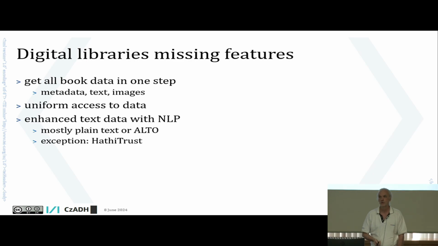So what is missing in digital libraries? Not in all, but in some of them. It's not easy to get all data and metadata for one book. Each digital library has its own access to data, its own REST API, for example.